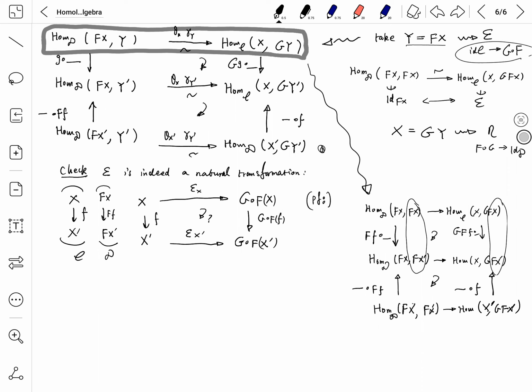Vertically, what we are doing is instead of applying to the morphism y to y prime, we're applying to this f, and then we're looking at the first position, applying fx prime to fx.